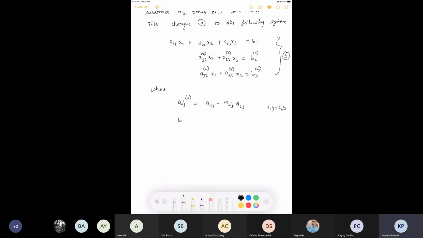And B will change to, so Bk 2 is going to be Bk minus Mk1 B1.